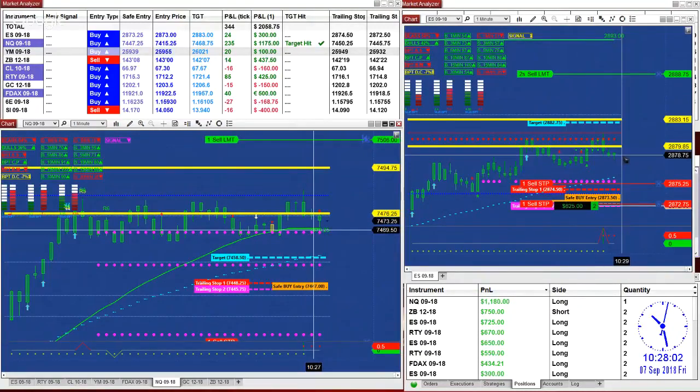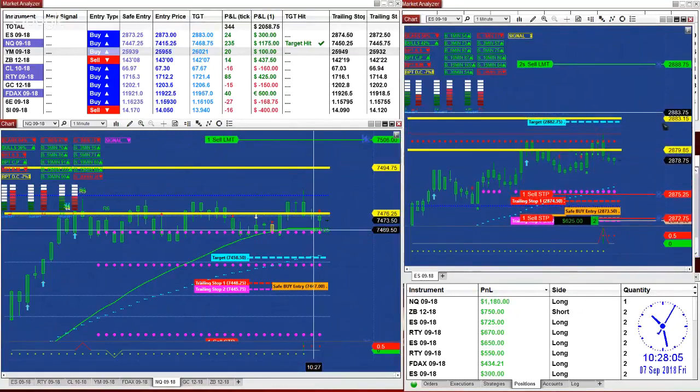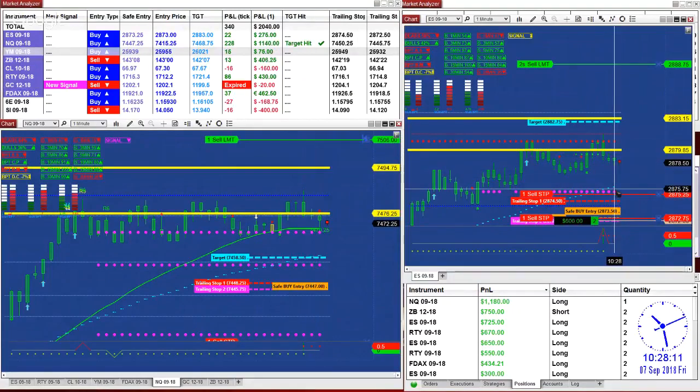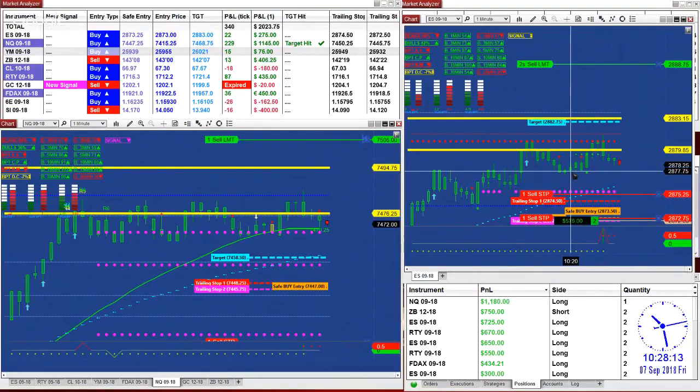I'm worried about this ES. There is nothing holding the ES until the 75, and that makes me a bit nervous on this trade. Okay. Let's see.